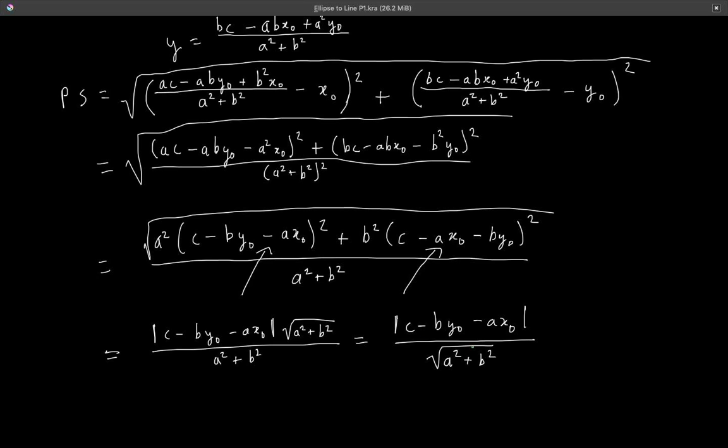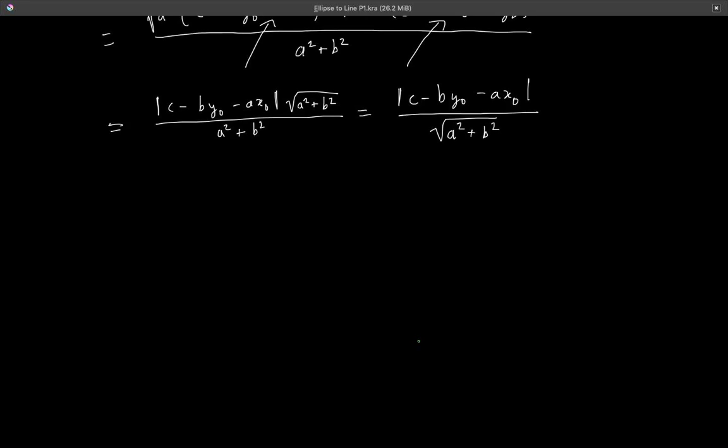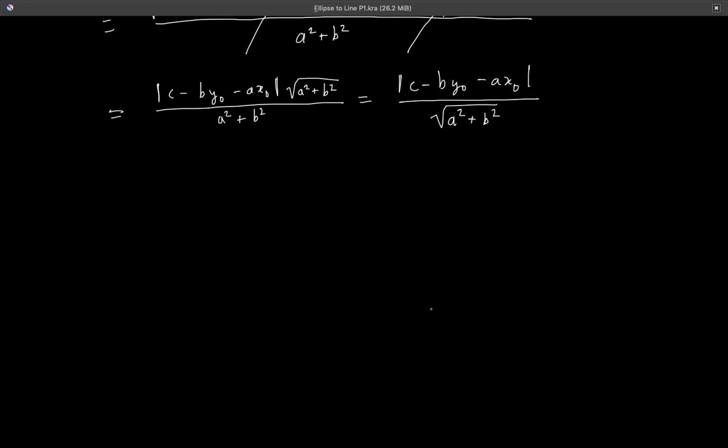And this is actually a well-known formula. It's the shortest distance between a point and a line in a 2D Cartesian system. It's well known, and this was just one of the many ways of deriving it. In my mind, it's the most straightforward way, though not necessarily the most clever.